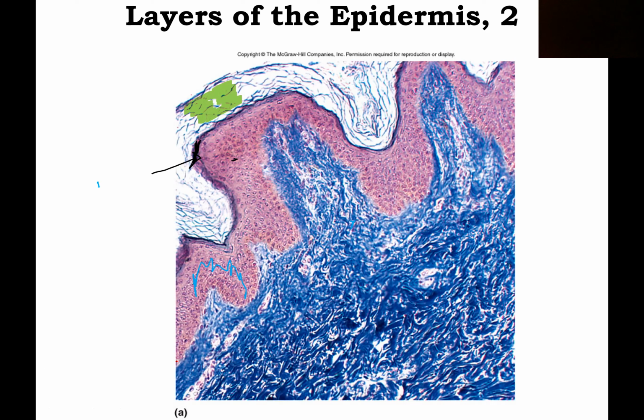There's stratum basale, this very deepest row. All of this dark blue is the dermis. Again, different thicknesses. The epidermis can vary in thickness, the dermis can vary in thickness.